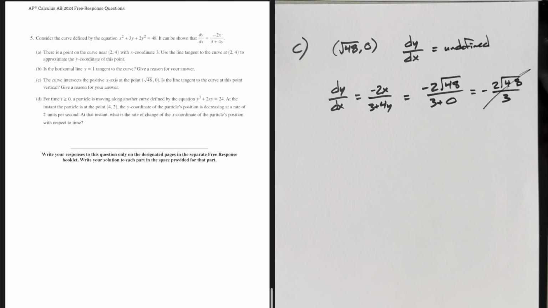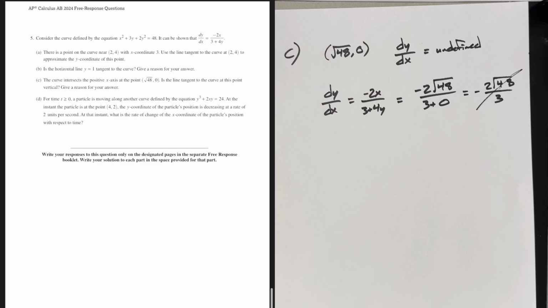And that is not equal to 1 over 0 or negative 2 root 48 over 0. It's not undefined, right? So therefore, this tangent line is not vertical because our derivative is defined at the point. It's negative 2 root 48 over 3. So that's our answer to part C. Part C was actually only worth 1 point, which I thought was interesting.